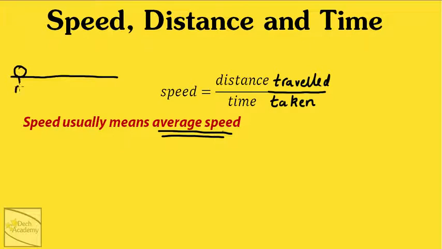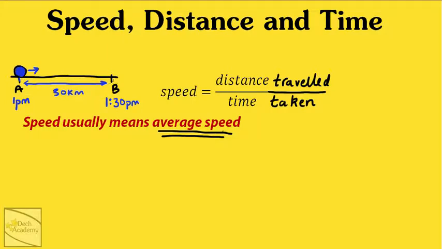I'm going to call this position A, and this position B. Now the object, which is this circular object here, is at position A at 1 p.m. Assuming it moves, by the time it gets to point B, the time is 1:30 p.m. And imagine the distance between point A and point B is 30 kilometers.